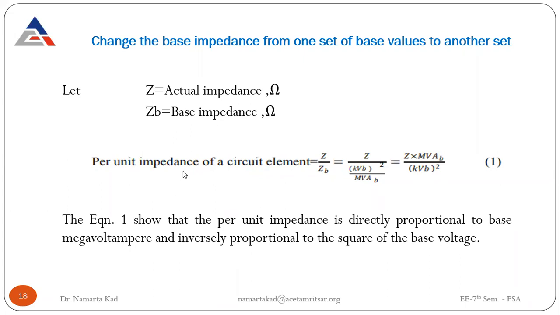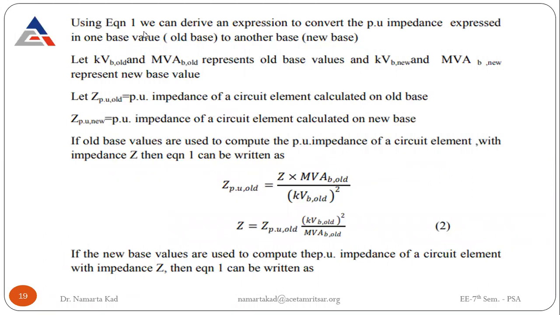Next, using equation 1, we can derive an expression to convert the per unit impedance expressed in one base value to another base value.